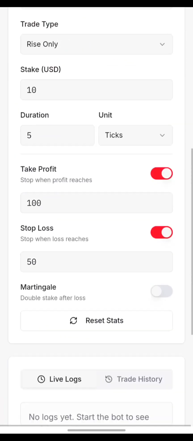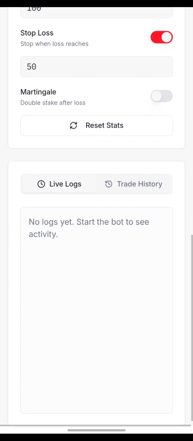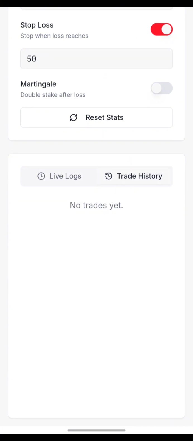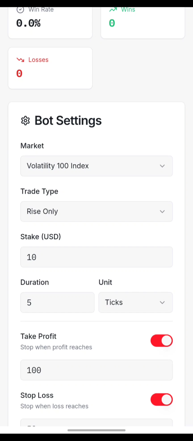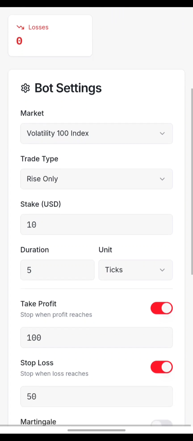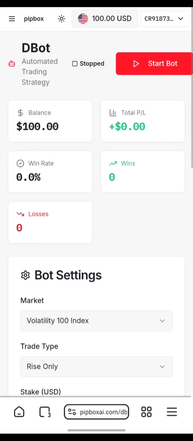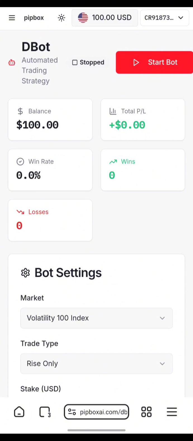I hope we are right up to that point. And then down here we still don't have data unless we start trading. So with all that setting done, make sure that you stake the right stake so that you don't cry that your account has blown. So after doing all that, you're going to come up here and click on the start bot.